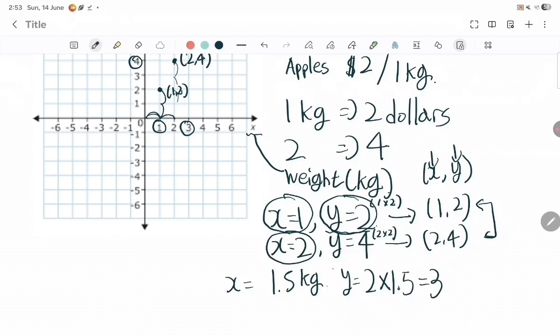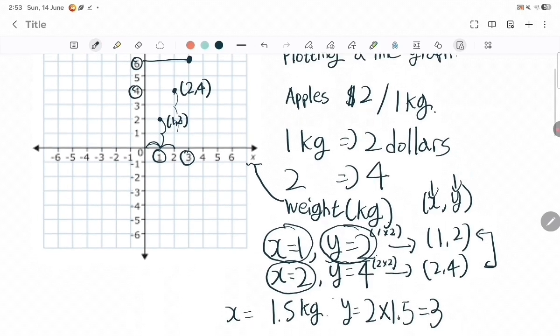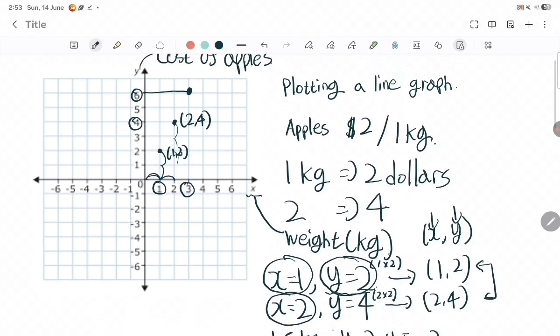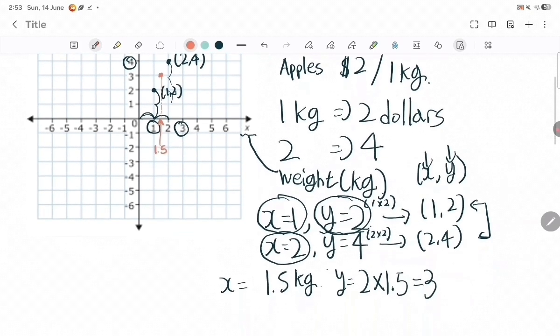So we will have to pay $3. Where is 1.5, by the way? 1.5 is here, right in the middle between 1 and 2. And so (1.5, 3) is here.